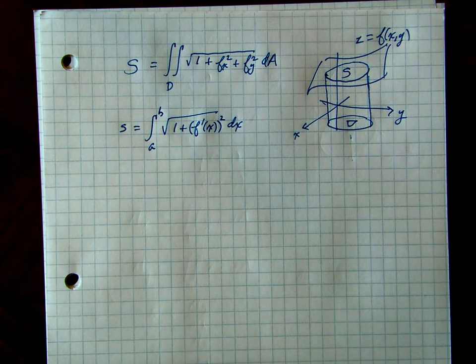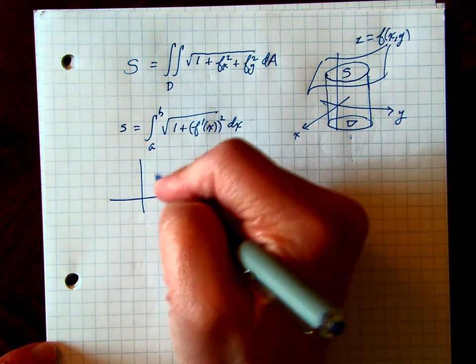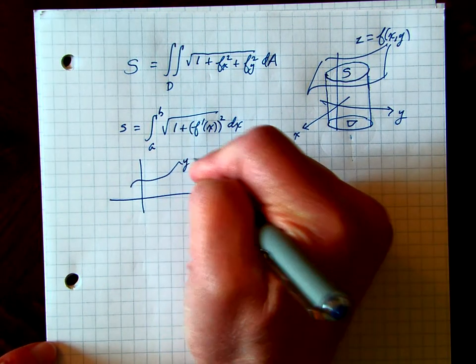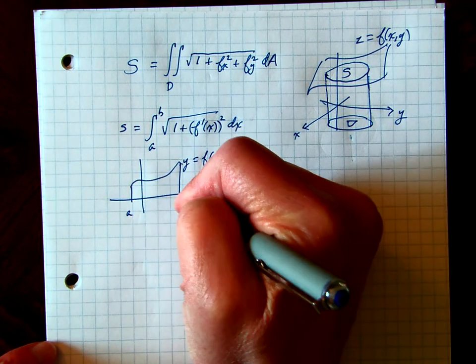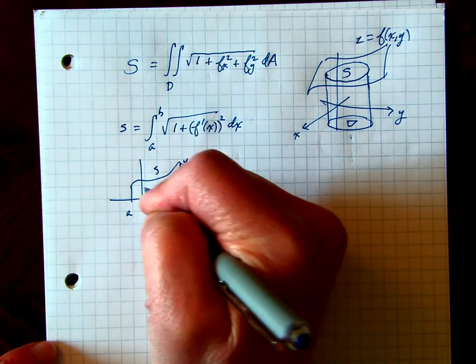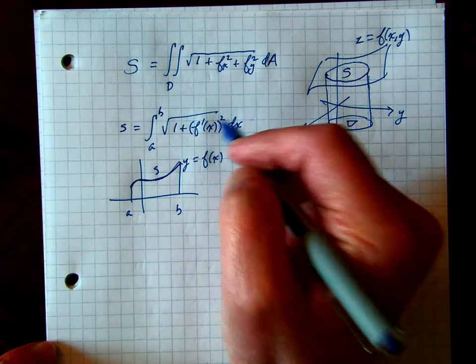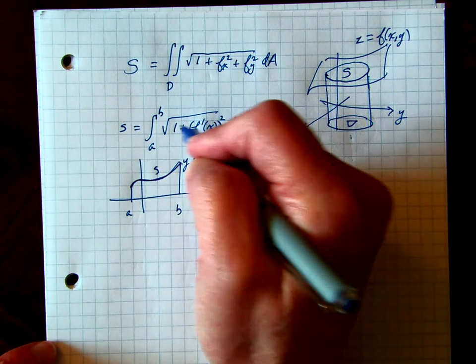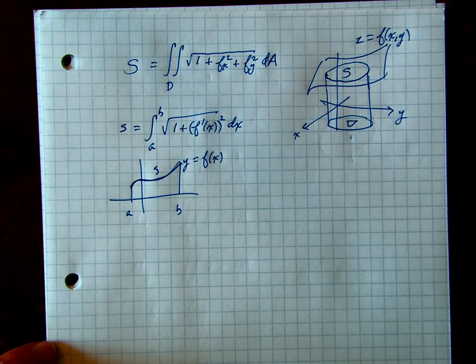Little s was arc length. If you had a function y equals f of x, and you wanted to know the arc length from A to B, so this distance right there, you took f prime, squared it, added 1, took the square root, and that was the integrand for your arc length.